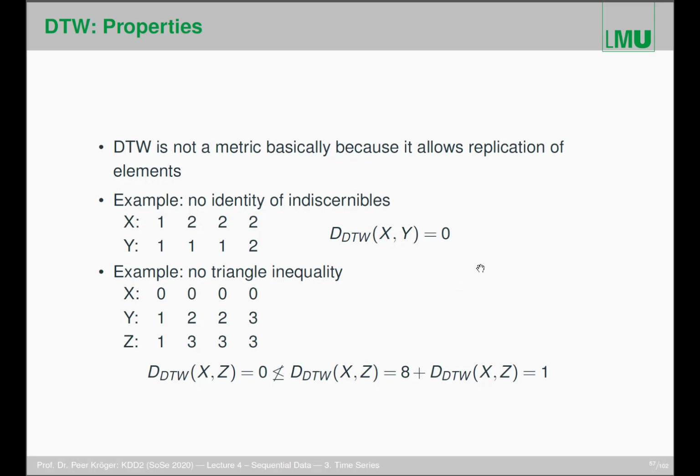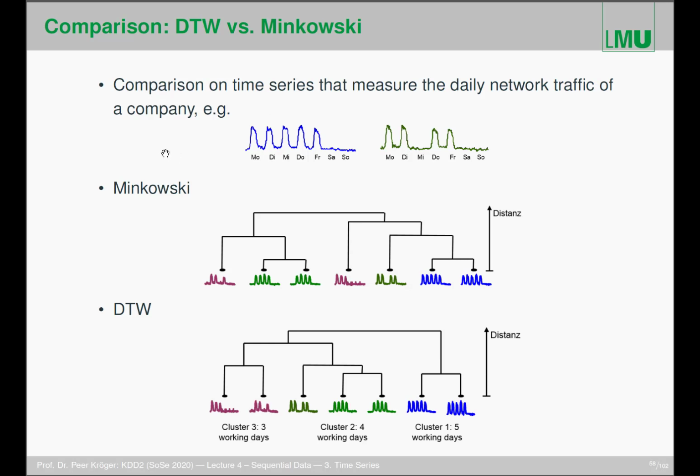Okay, and there's just one comparison that shows that dynamic time warping is different, obviously. Here's a comparison of time series that measure the daily network traffic of a company. You see that in the blue cluster we have a normal 5-day week, and then a cluster of the green ones, a 4-day week, and so on. Minkowski will mix it all up, because it cannot handle these time frame distortions.